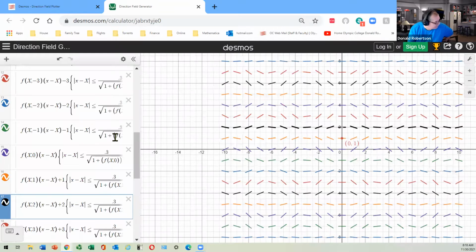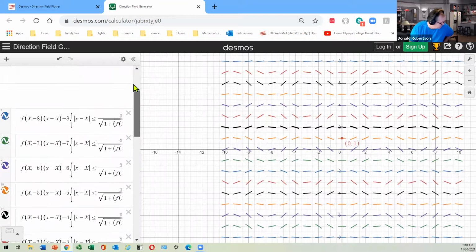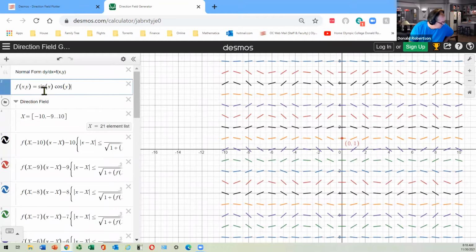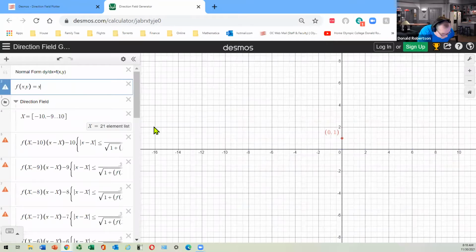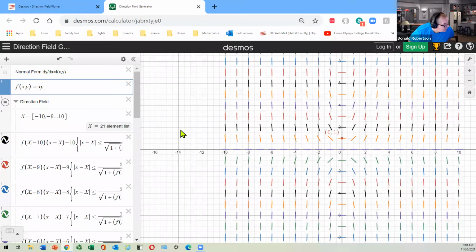In other situations, if I put in a different direction field, let's pick something pretty straightforward, like what does xy look like? Now, if you do this one, can you see at this point here, basically the curve just kind of goes up the way, and on this side it goes up the way. It would look like a quadratic, wouldn't it?